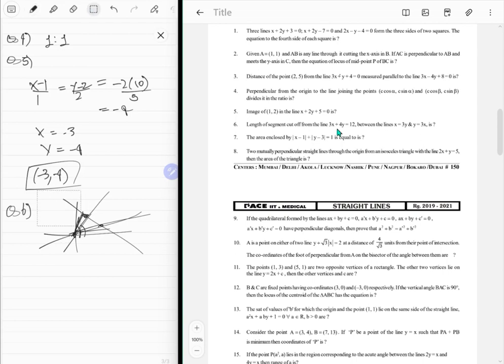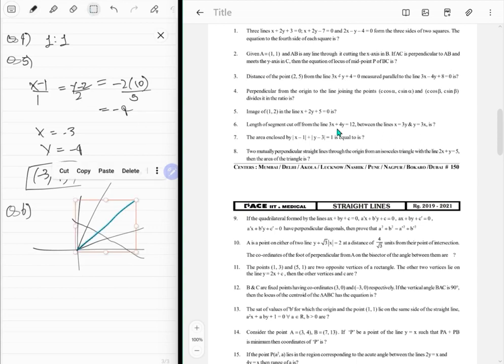Draw a neat image. This is the thing. 3x plus 4y. So y is smaller, x is bigger, something like this. Then this is y equal to 3x, this is y equal to 1/3 x. We don't want this.